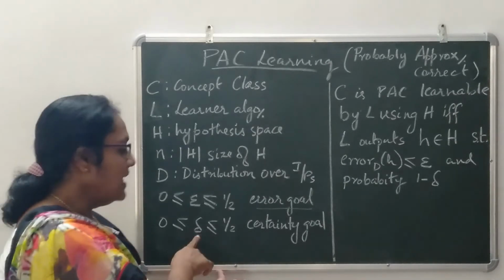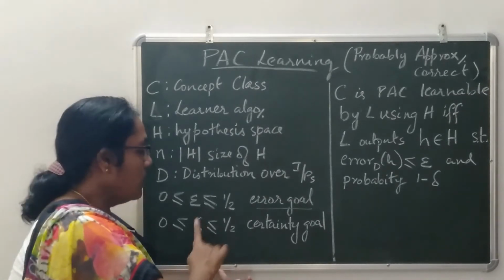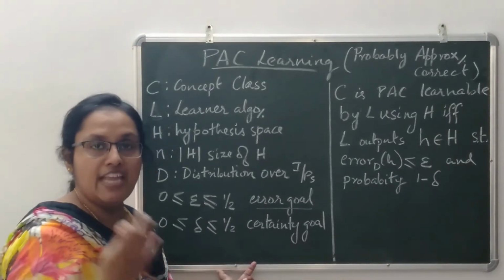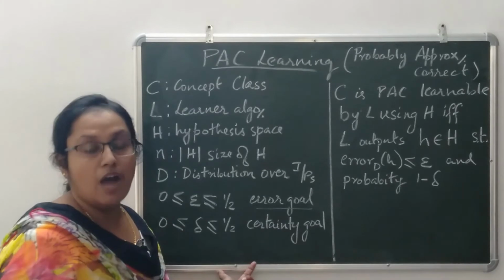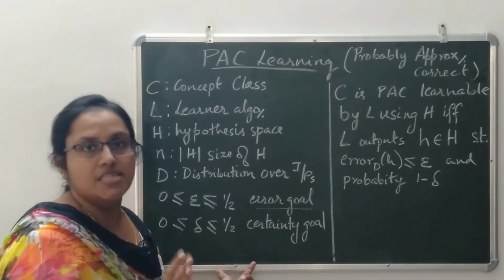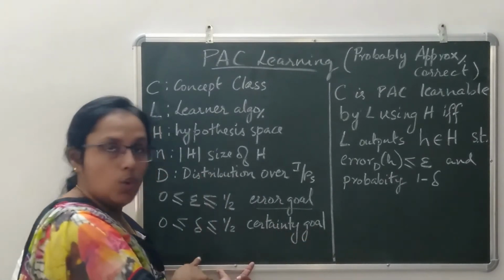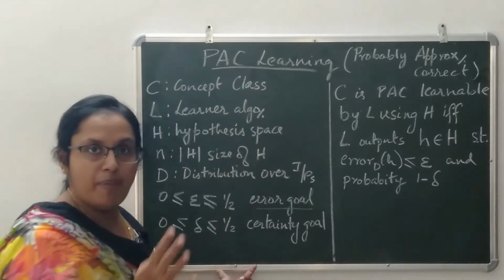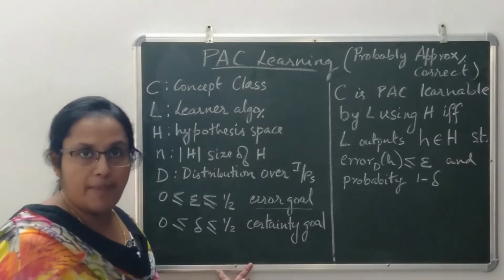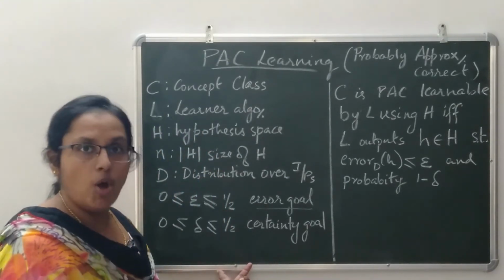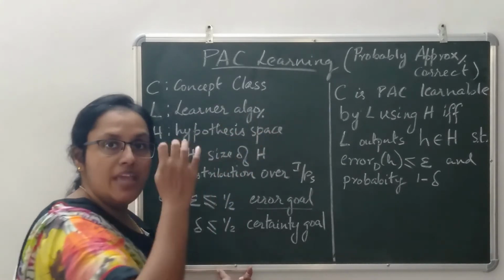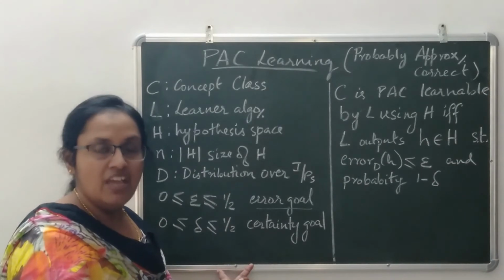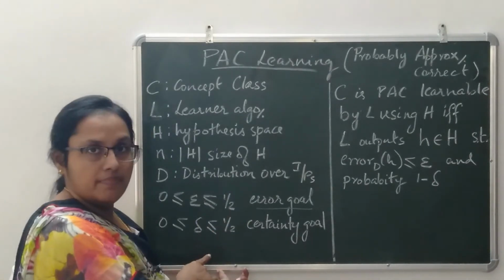Another parameter is delta. Delta is the certainty goal. How sure are you that your answer is correct? That is the certainty goal. For a learner algorithm L to be suitable as a PAC learner, I also want L to be able to give me an answer for any new instance with certainty delta.